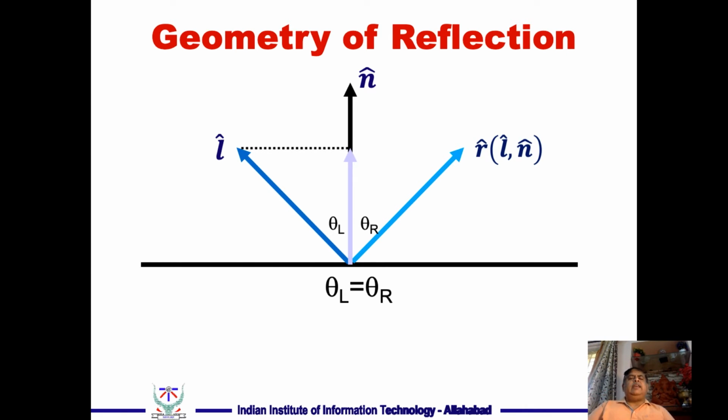So if I take the projection of L on the normal, I get a term called cosine theta, in the n cap direction.